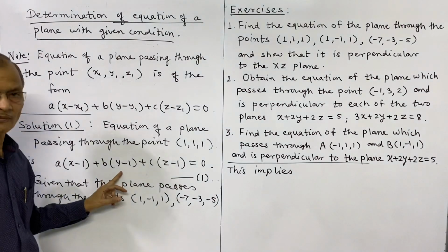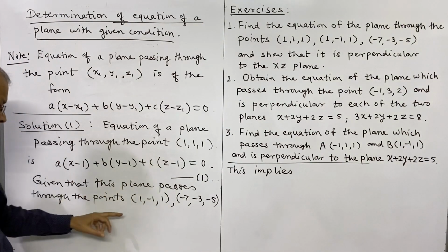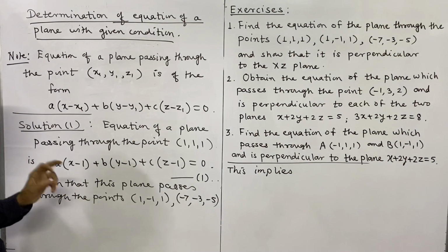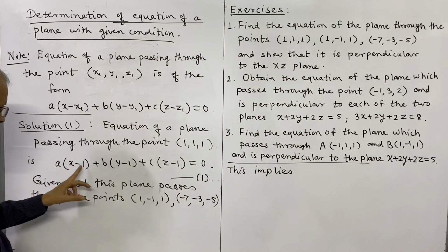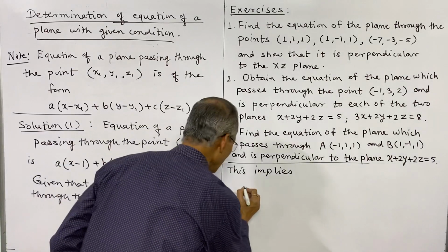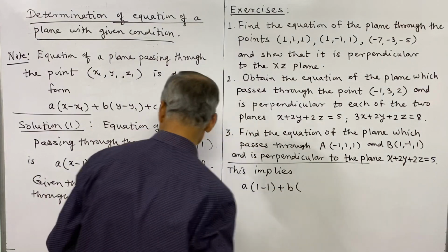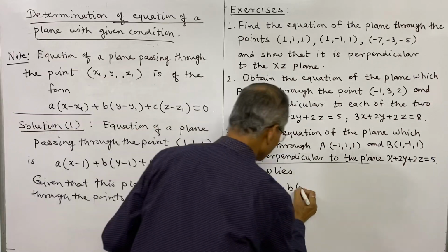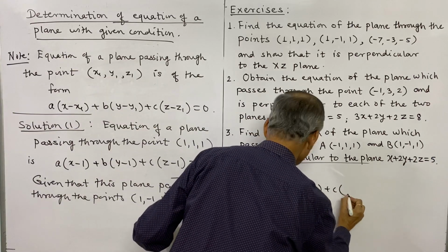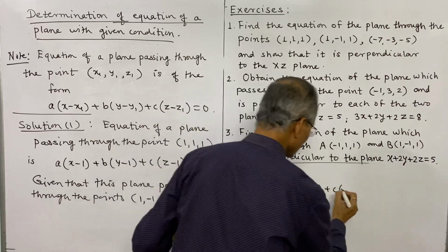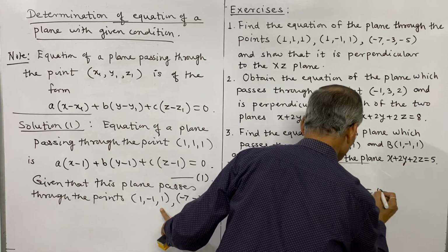equal to 1, the equation gets satisfied and using that result what we shall get, a into 1 minus 1, see x is 1, so that gives a into 1 minus 1 plus b into what is y is minus 1 minus 1 and plus c into z minus 1, that is 1 minus 1 is equal to 0.